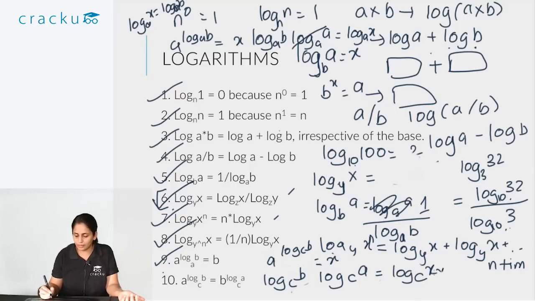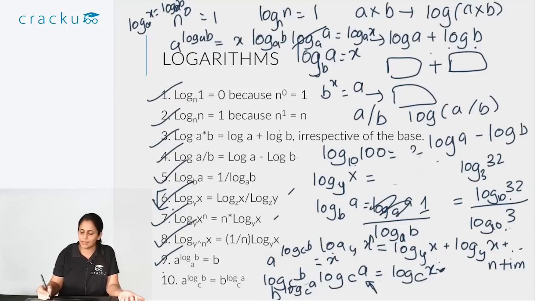Now if it had been the other way around, where I had b raised to log of a to the base c, and I had taken log to the base c of that also, again I would have gotten the same term on my LHS.